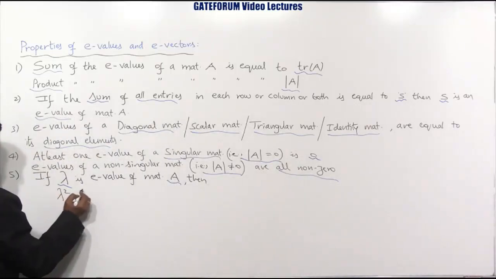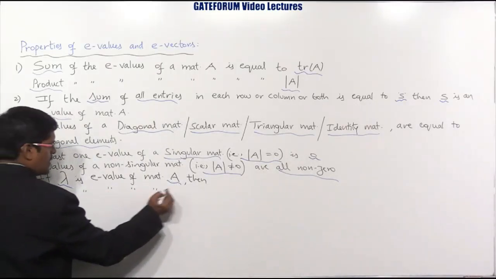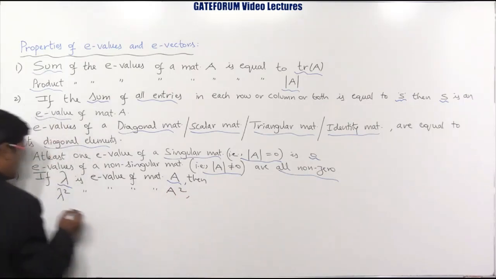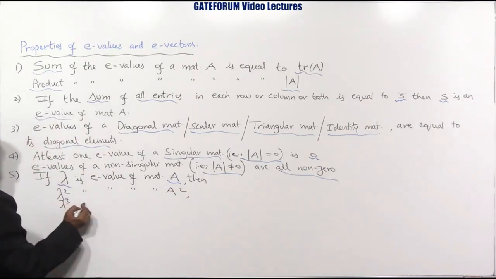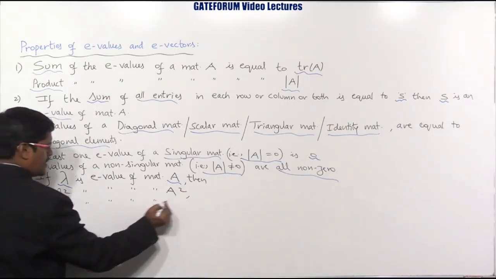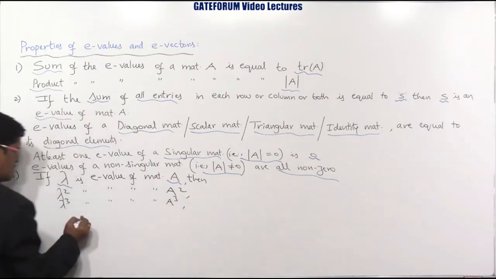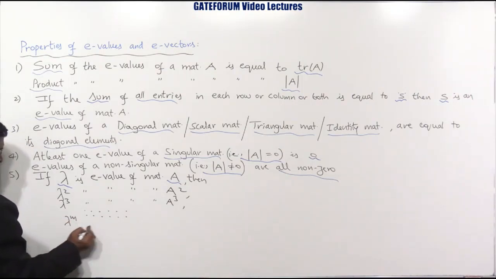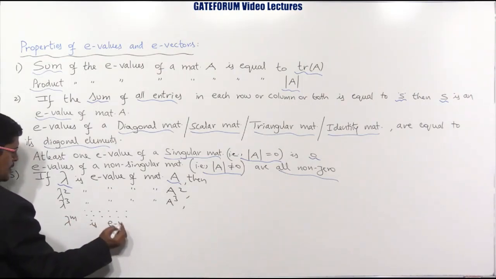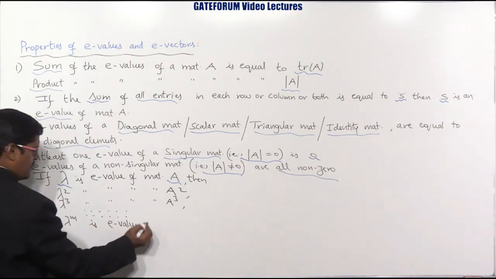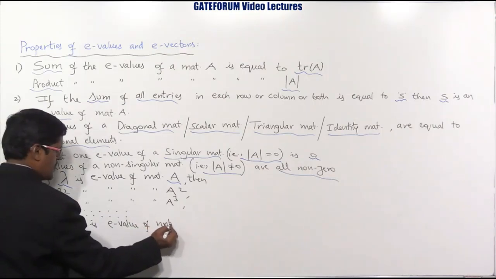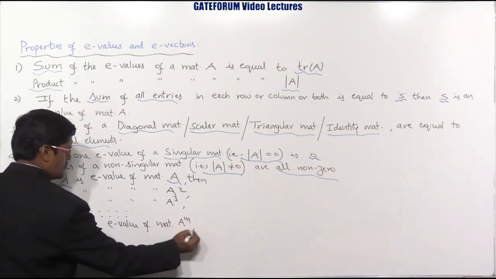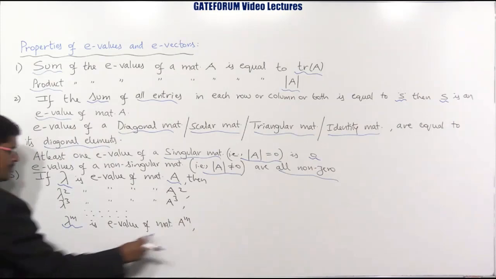Lambda square is an eigenvalue of matrix A square, lambda cube is an eigenvalue of matrix A cube, and so on. Lambda power m is an eigenvalue of matrix A power m. This is called correspondingly.